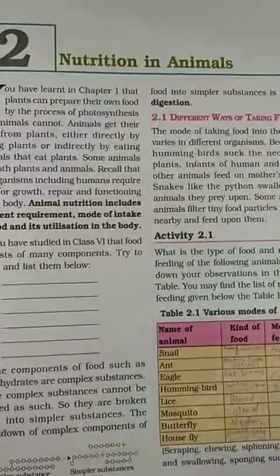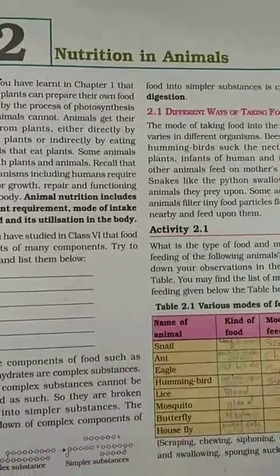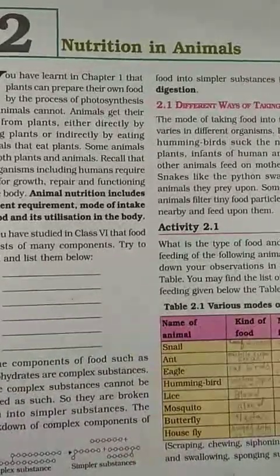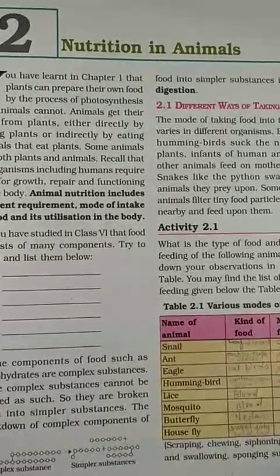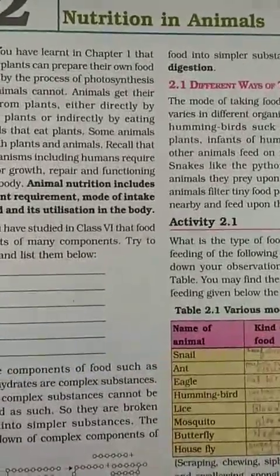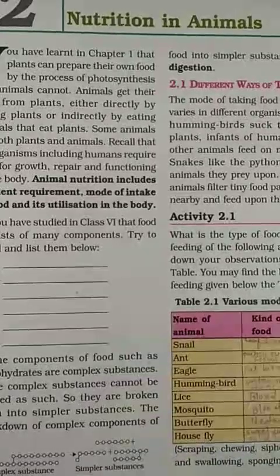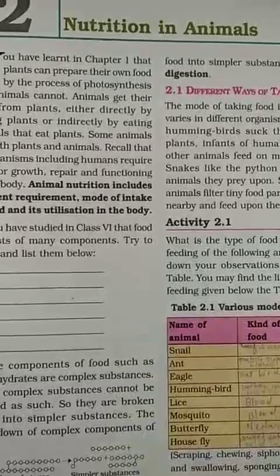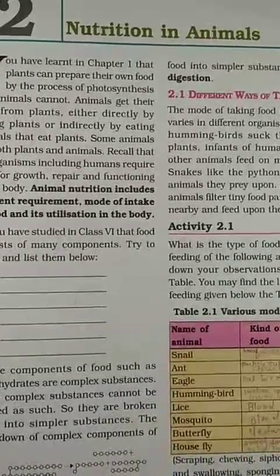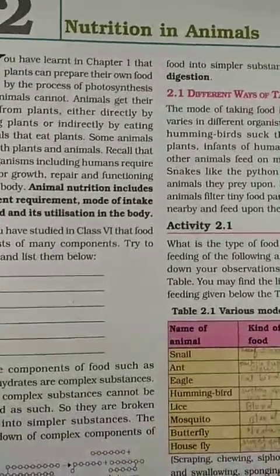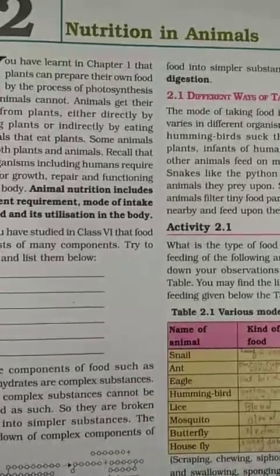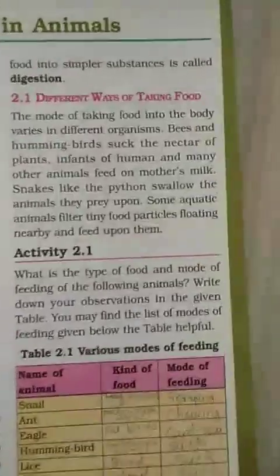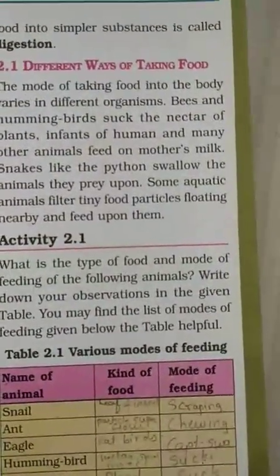Different foods consist of different nutrients. They could be carbohydrates, proteins, fats, minerals, etc. The components of food such as carbohydrates are complex substances. These complex substances cannot be utilized as they are, so they are broken down into simpler substances, and the breakdown of complex components of the food into simpler substances is called digestion.